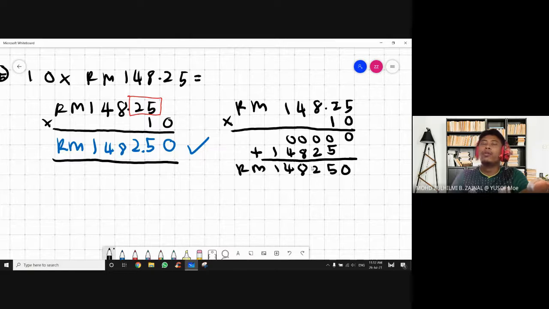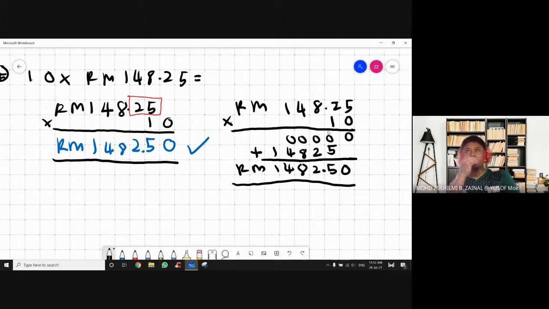Don't forget, ada dua. Ni macam ni lah cara kira dia. Sangat panjang. Kalau dalam buku, if you follow the rules in mathematics, if you want to do the long calculation, the standard weighted method for numbers like 10, 100, 1,000, this is how you do.